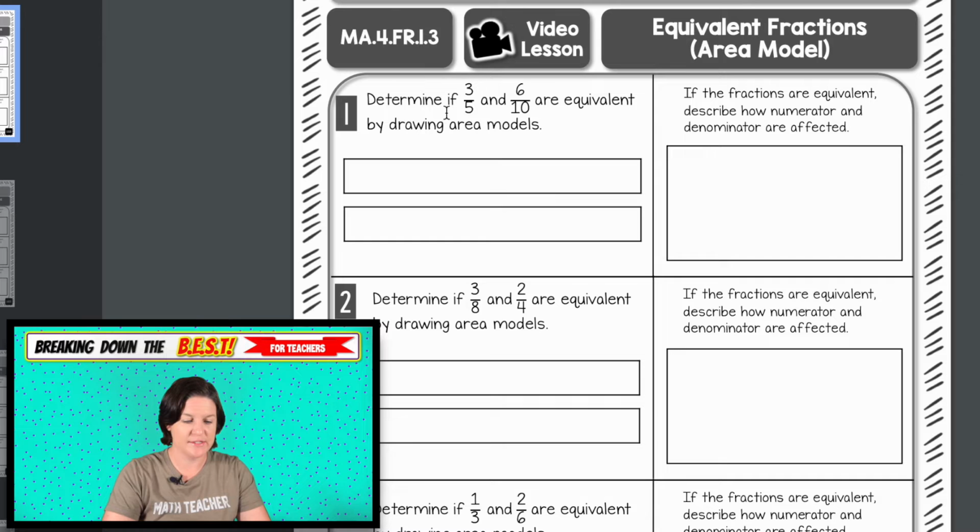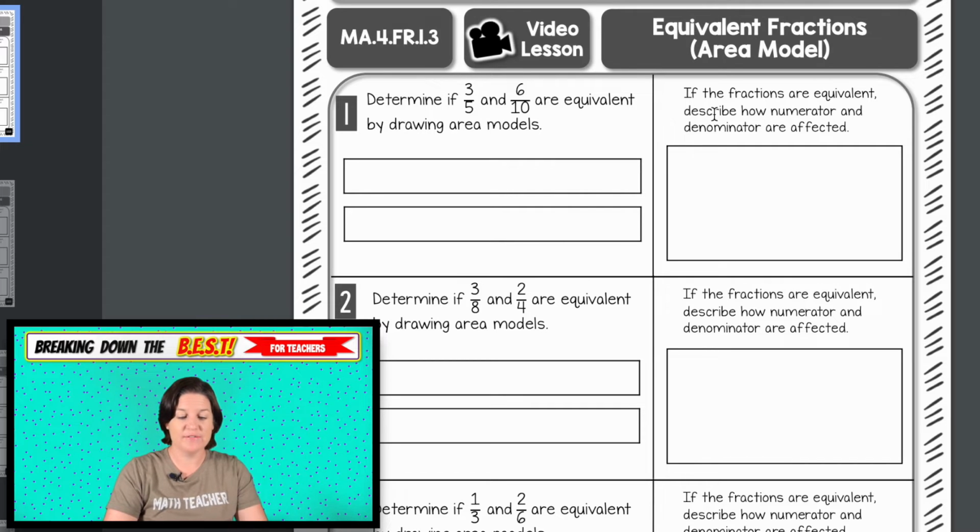Here you can see it says determine if 3/5 and 6/10 are equivalent by drawing area models. So here is the whole. They are equal wholes, and in the video lesson, we'll walk through how to split these wholes into 5 parts and shade in 3, then split this whole into 10 parts and shade in 6, and determine if they are equivalent.